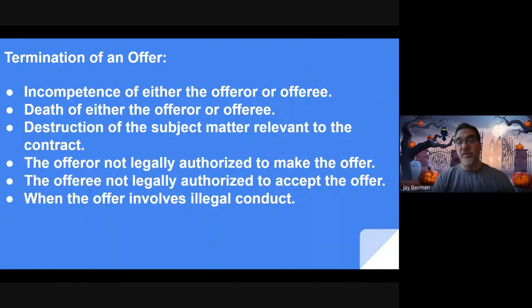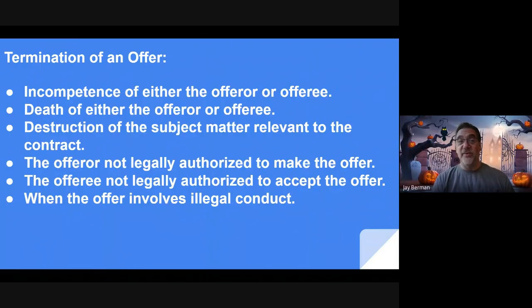The death of either the offerer or offeree would terminate the offer. The destruction of the subject matter relevant to the contract. So let's say, for example, you wanted to buy a house. God forbid that house burned down, which of course would be considered the relevant subject matter.